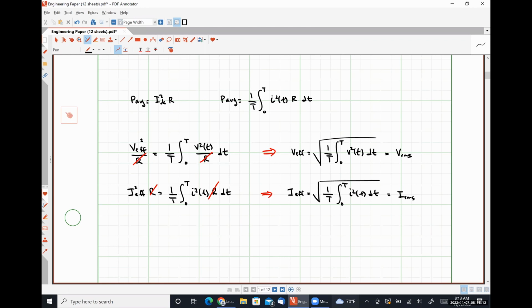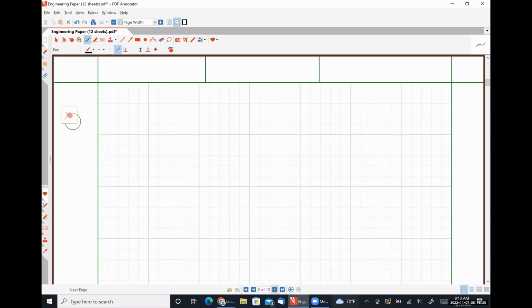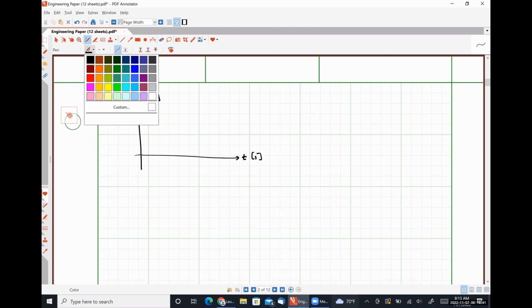So let's take a few moments here to determine the effective values of a couple of waveforms. So let's start with a piecewise voltage waveform. Let's say that our voltage is measured in volts and our time is measured in seconds for the sake of argument.